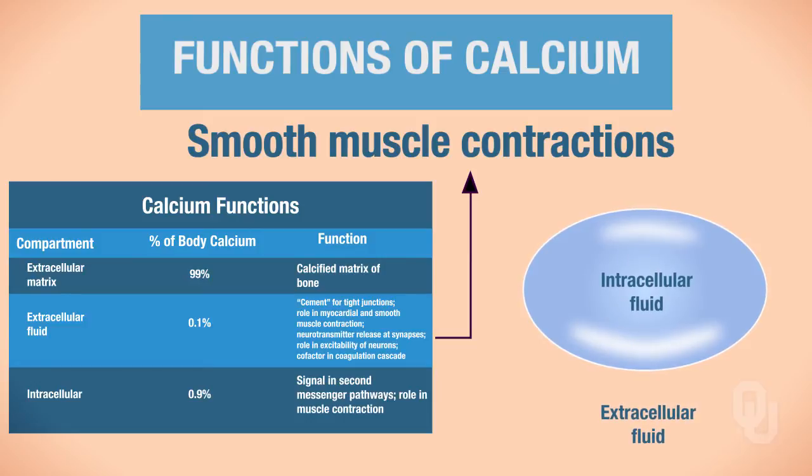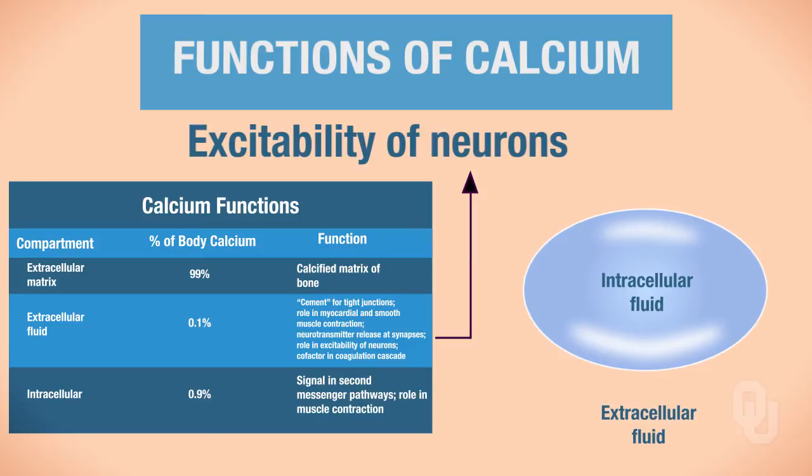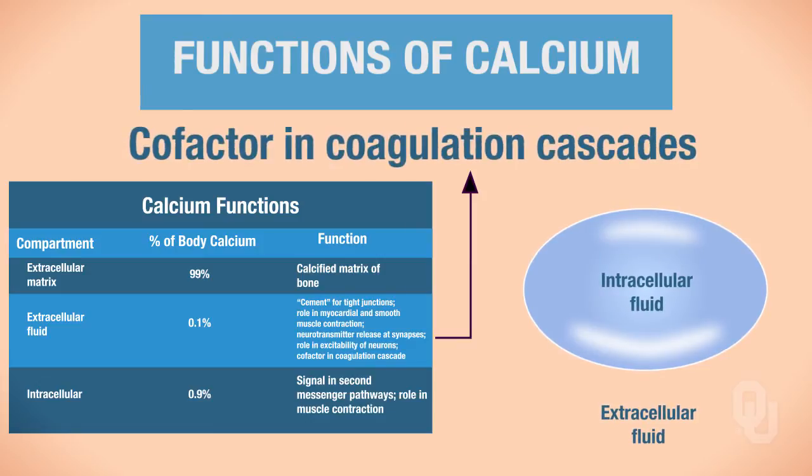Calcium is also important in the assistance of neurotransmitter release at the synapse, which you will see in later segments. It also plays a role in exciting neurons and is a cofactor in coagulation cascades, all of which you'll see in later segments.